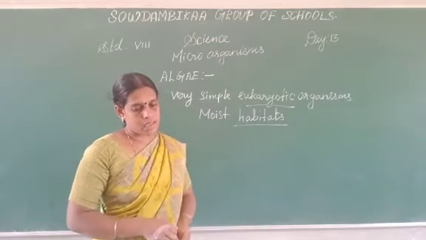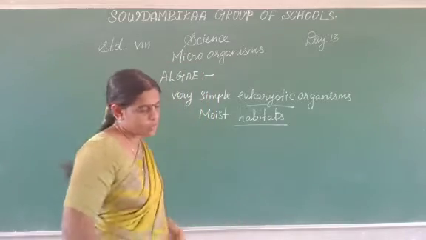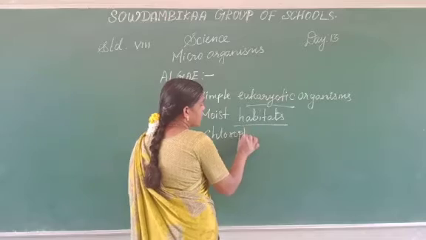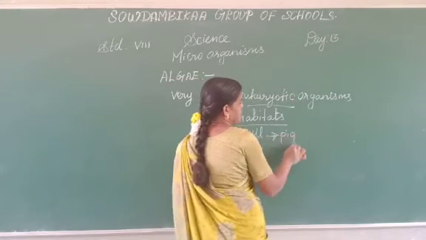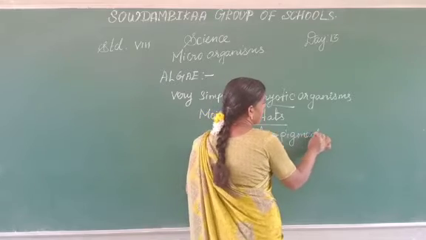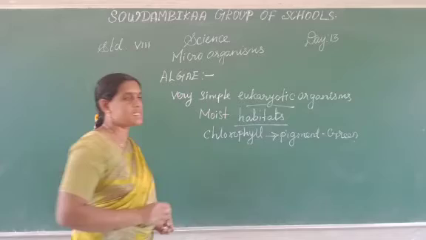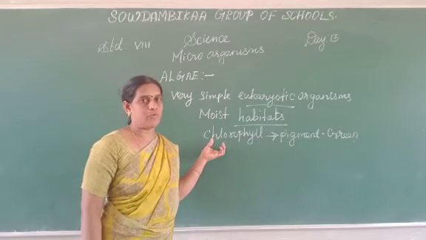Next, the alga are rich in chlorophyll. What does mean by chlorophyll? The chlorophyll is a green pigment. Using the green pigment, with the help of sunlight, the green plant prepares its own food.